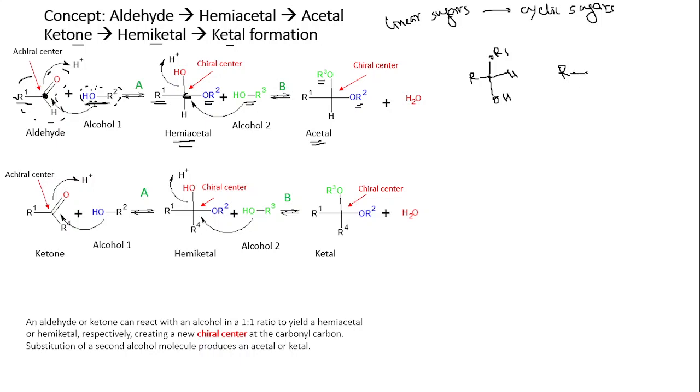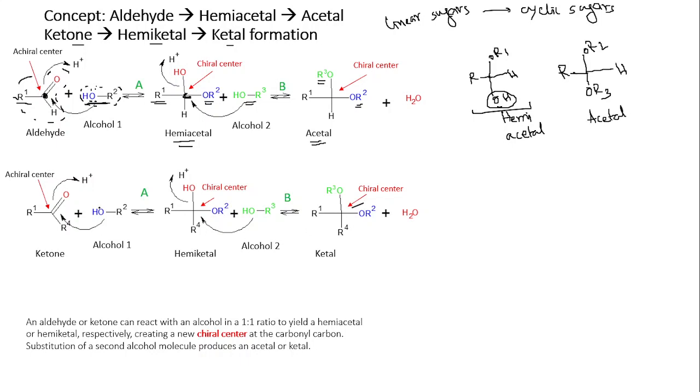And this particular one, what do we call it, hemiacetal or acetal? This one would be called a hemiacetal because it has an OH group present, and this particular one would be called an acetal.